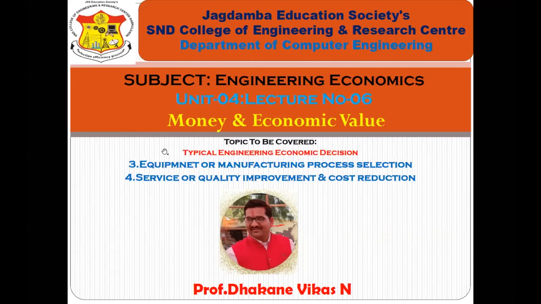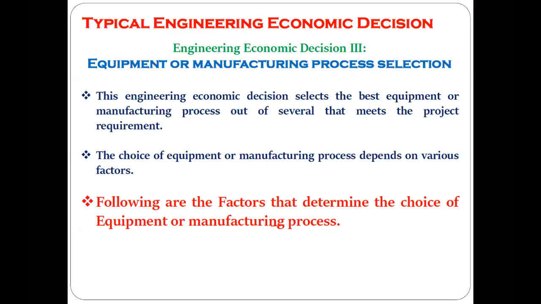So the third engineering economic decision here is the equipment or machinery. You can call the equipment a machinery also, equipment or manufacturing process selection.